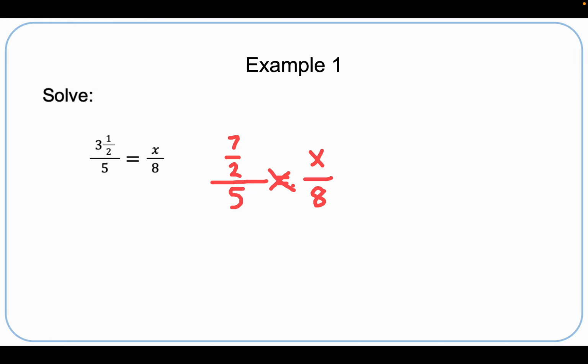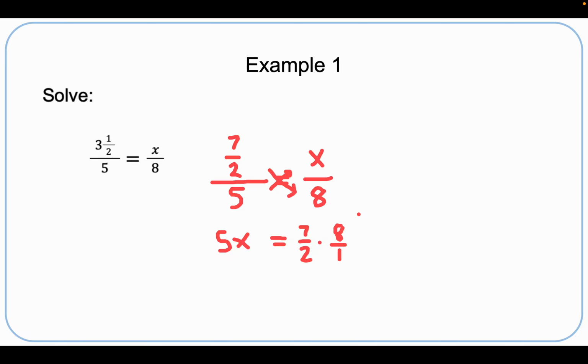So we would multiply there, multiply there. So then our next step would show 5 times x equals 7/2 times 8. And we can think of that as 8/1.